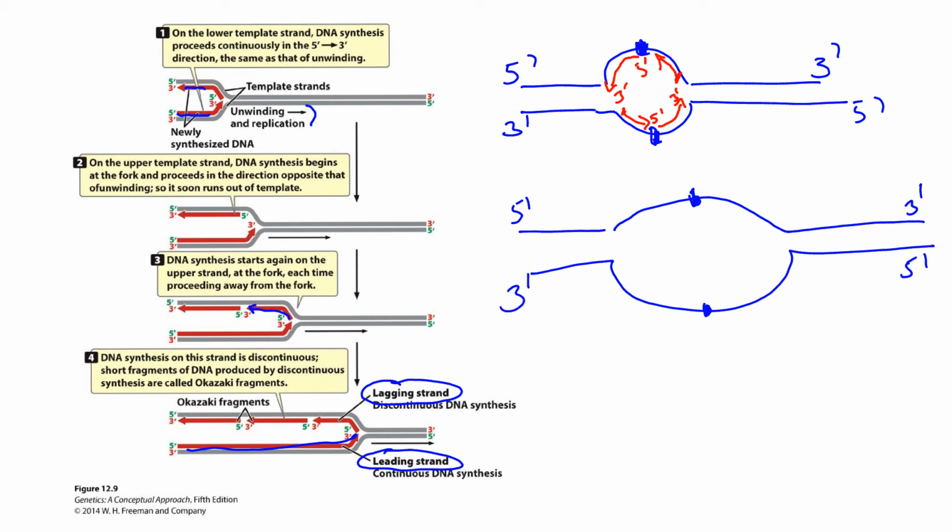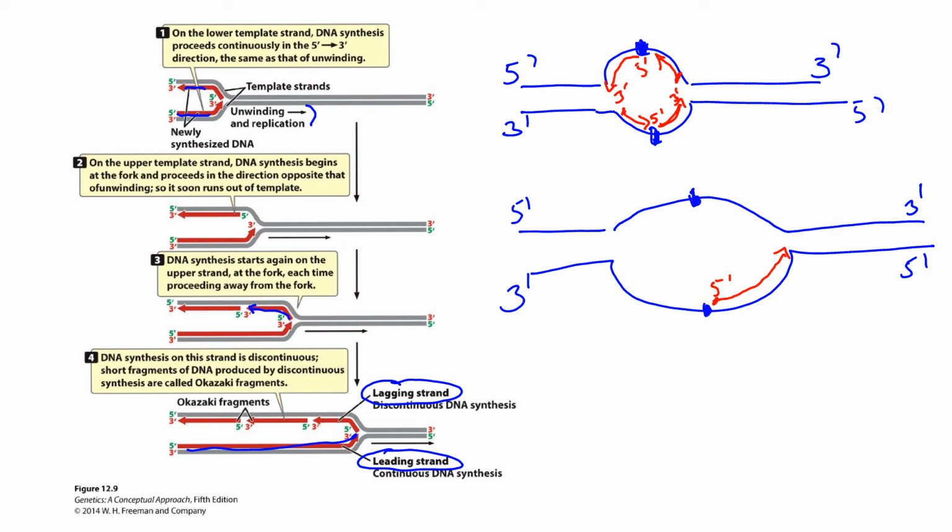So now you recall in this way the 5 to 3 prime, as the replication fork unwinds, can continue synthesis because it added a primer, and as the replication fork unwinds, the strand can continue to synthesize from 5 to 3 prime.